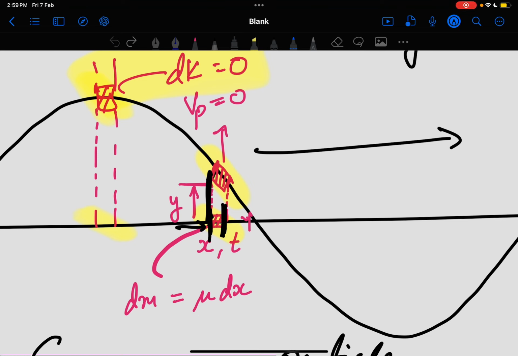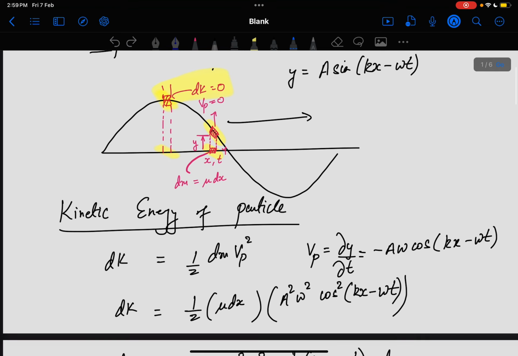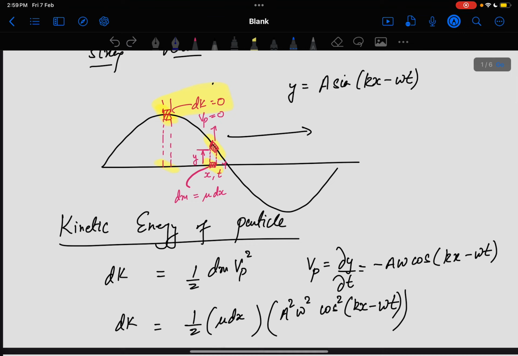So now how much is the value of dK, the small kinetic energy of this particle? It is nothing but half of dm multiplied by vp square, right? vp is nothing but dou y by dou t, which is the rate at which the y coordinate of this particle changes.